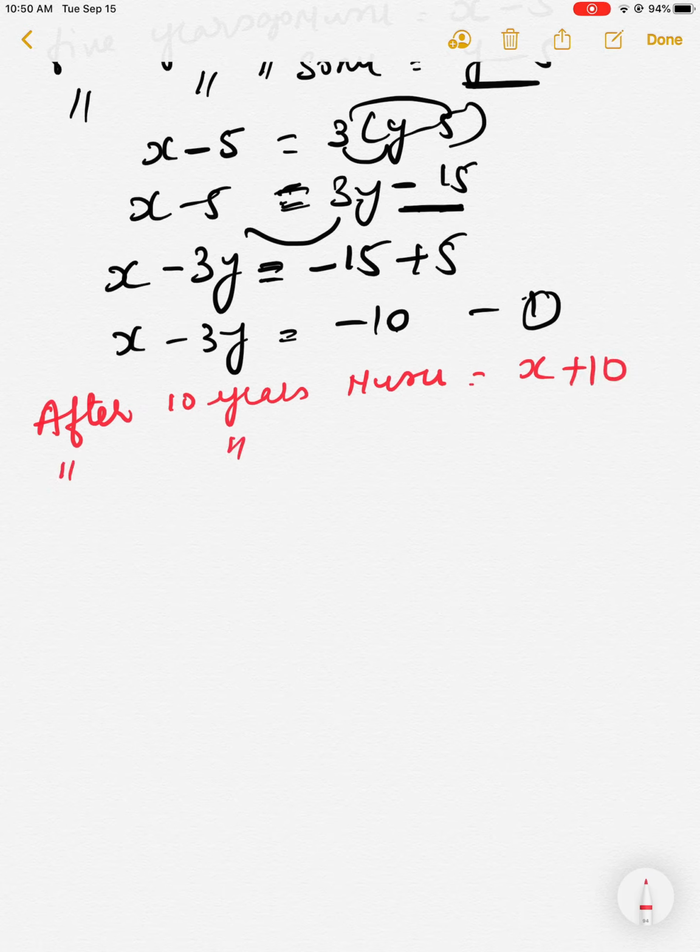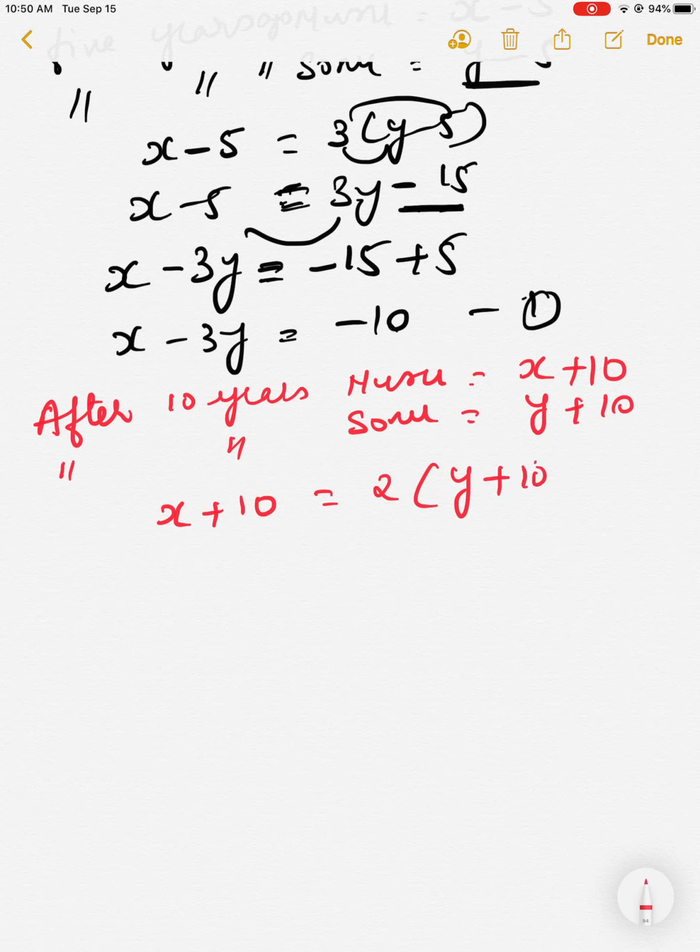In the same way, Sonu's age is y plus 10. What is the relation? After 10 years, Nuru's age is x plus 10. Nuru will be, means x plus 10 is equal to twice as old as, 2 times Sonu's age. Twice as old as means 2 times.